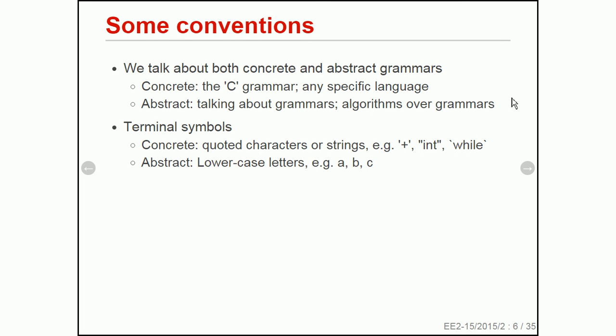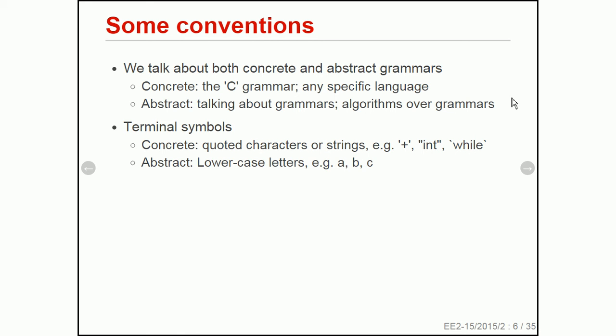In order to differentiate between these things, if we're talking about concrete grammars, so things like the C language grammar, we'll see actual concrete literals appearing. I know that plus, int and while are things that occur in C, and I would expect to see those things appear in my grammar at some point. In contrast, when we're talking about abstract grammars, we don't want to pin it down to any particular terminal.